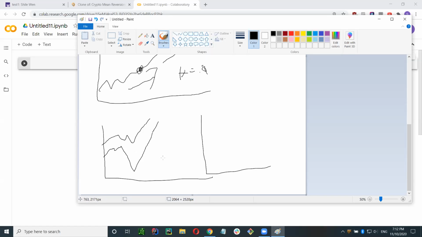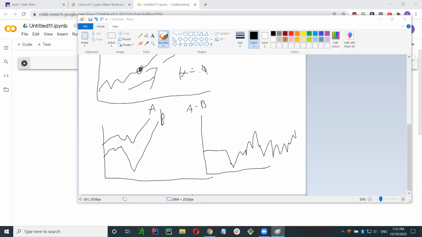So this is A and this is B, and let's just plot A minus B. Well, it'd be negative. Shoot. And then it might look something like this.